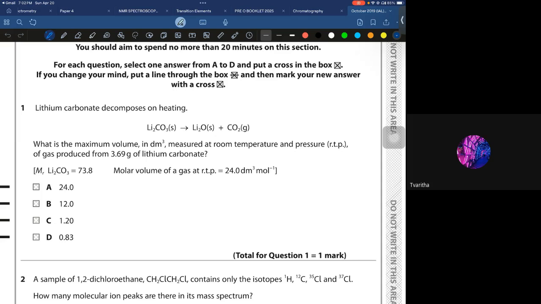First of all, we have to find out the moles of lithium carbonate. Moles of lithium carbonate is equal to mass, that is 3.69 divided by 73.8. So can you tell me the moles?